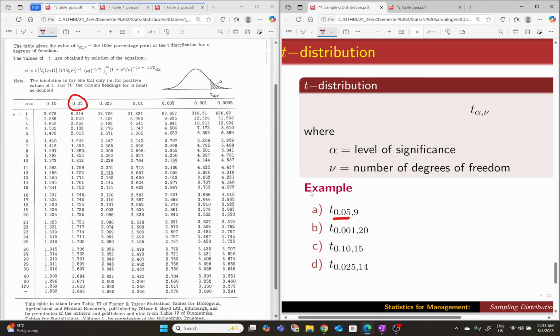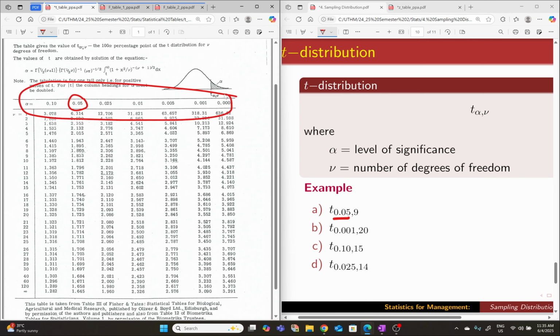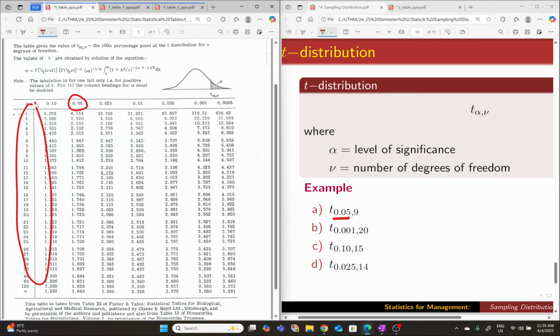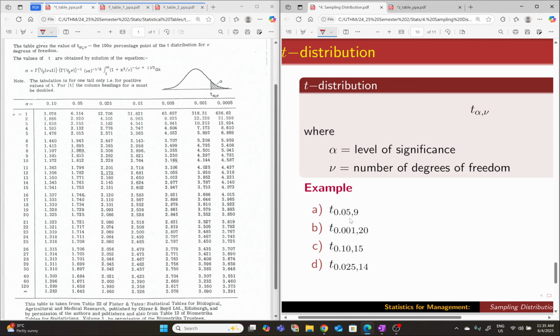Alpha, the first number, is here. The second number is here. 0.05, and where is 9? 9 is here. The number is 1.8.